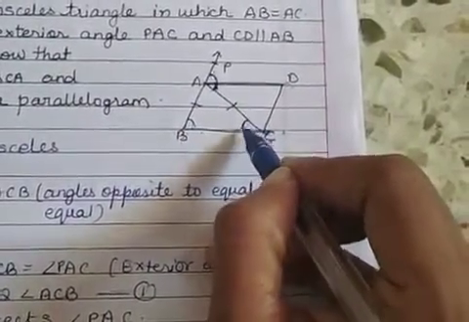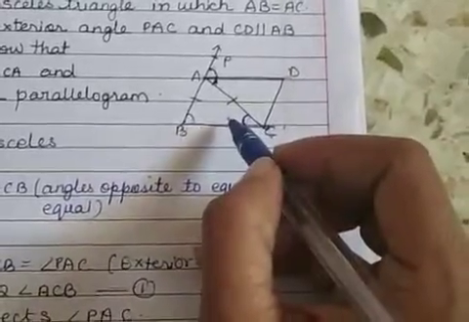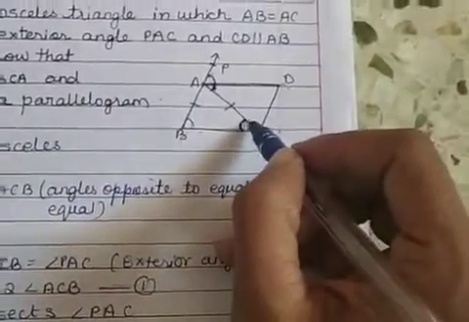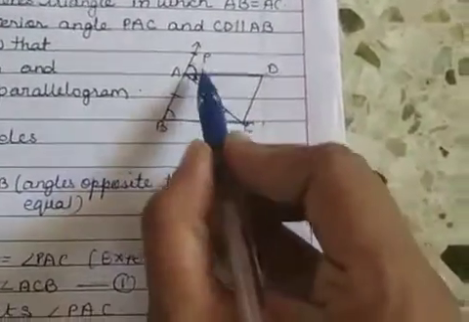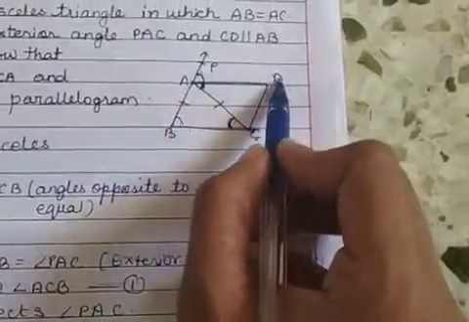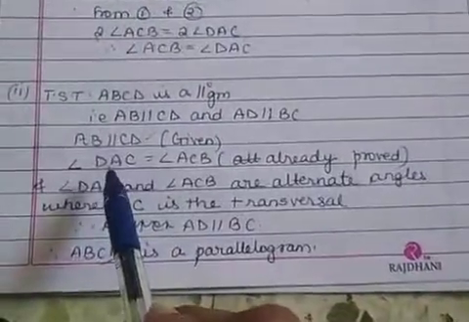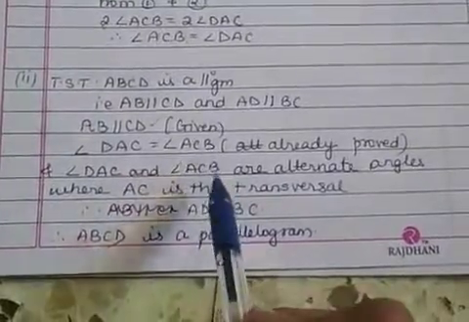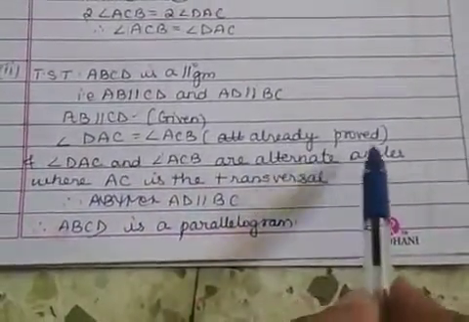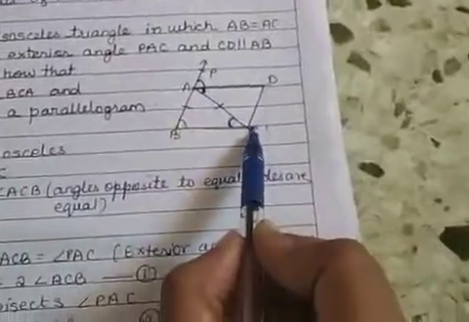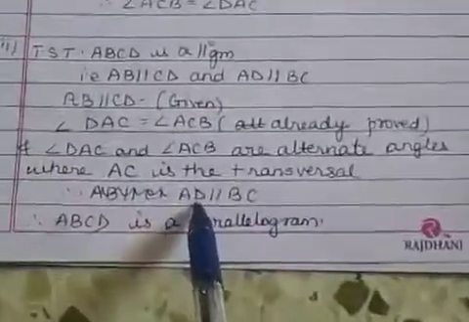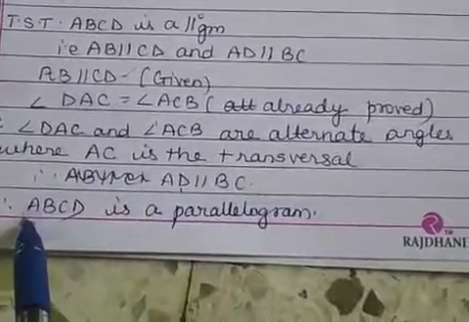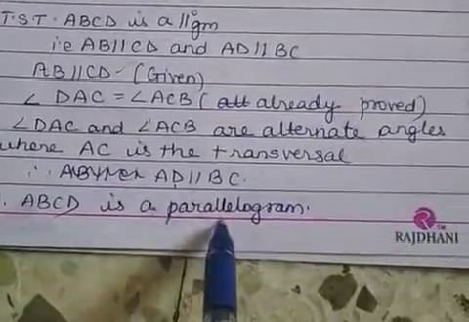You have learned a theorem in 7th standard, probably, which says if the alternate interior angles are equal, then the two lines are parallel. So since angle DAC is equal to angle ACB and these two are interior angles, if you consider AC as your transversal, then we can say from the theorem that AD is parallel to BC. Therefore, we can say ABCD is a parallelogram.